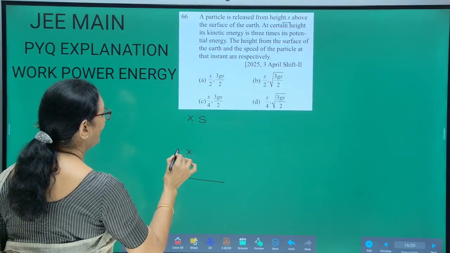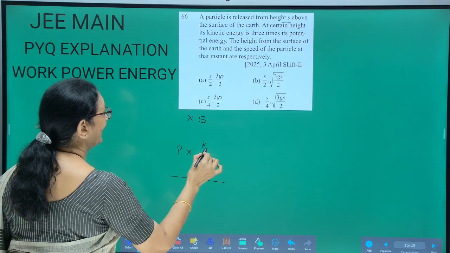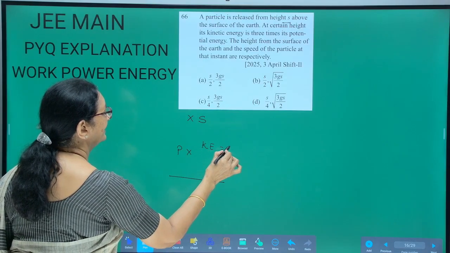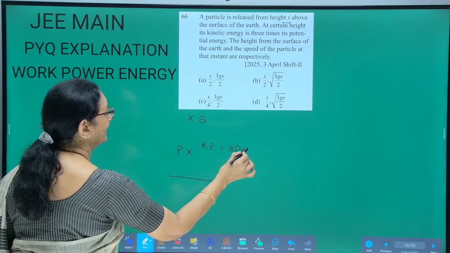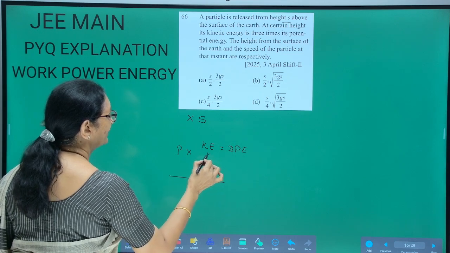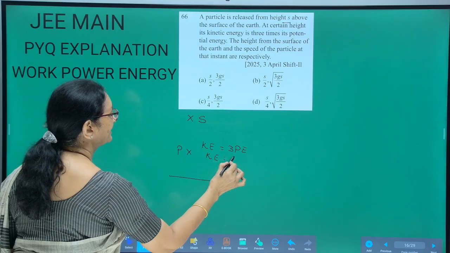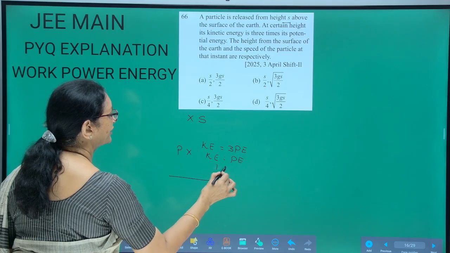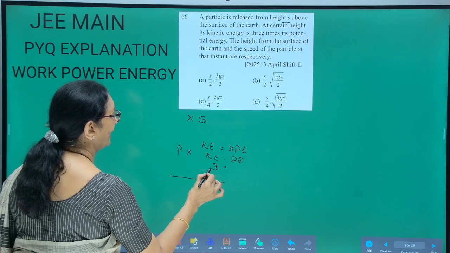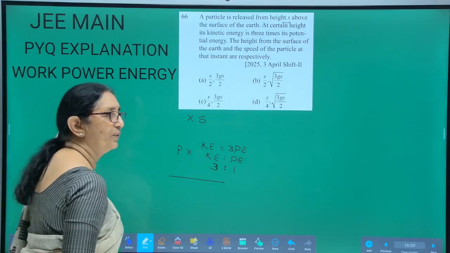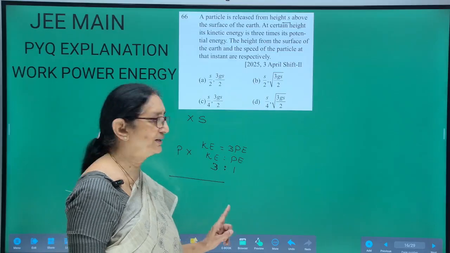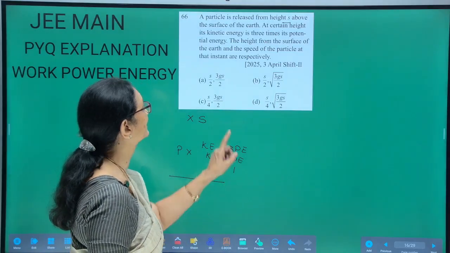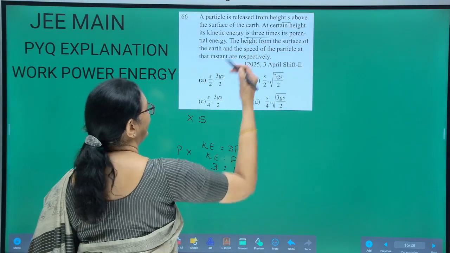On reaching a point P, its kinetic energy is 3 times potential energy. So, at P, kinetic energy to potential energy ratio is given as 3:1. Kinetic energy is given as 3 times the potential energy at that point.